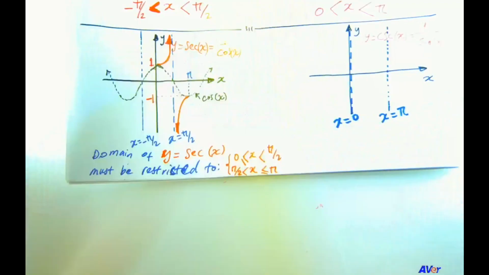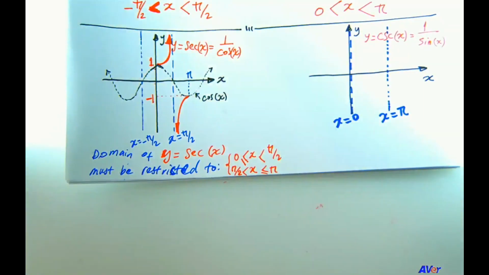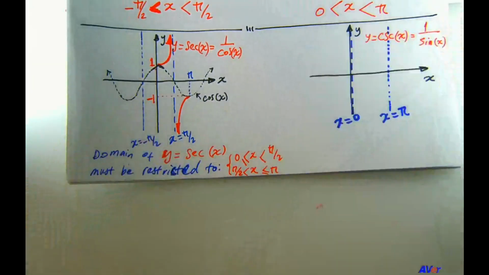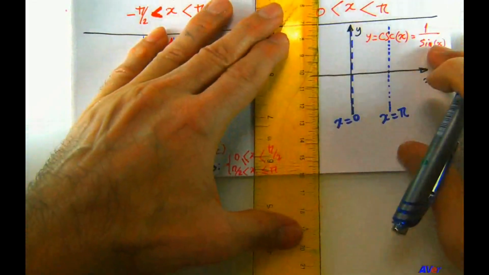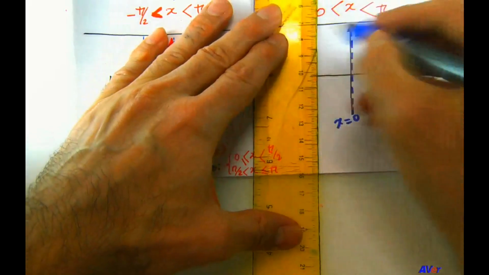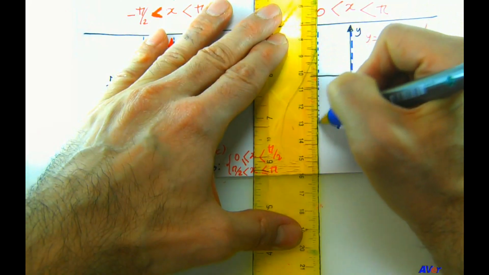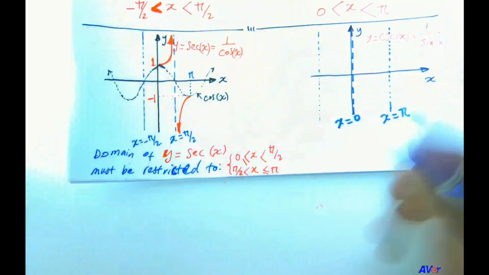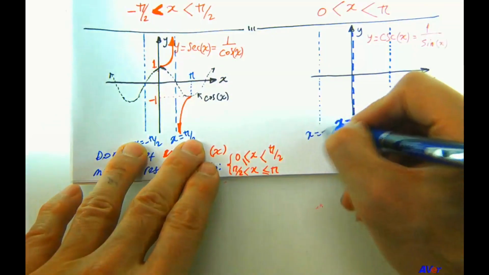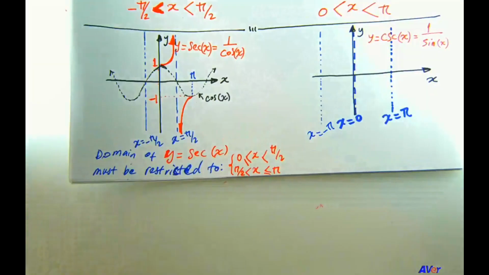That's another asymptote. And the other one will be minus pi, right? So let's draw that on this side. At these values of x, the cosecant function is undefined because the denominator is going to be 0.